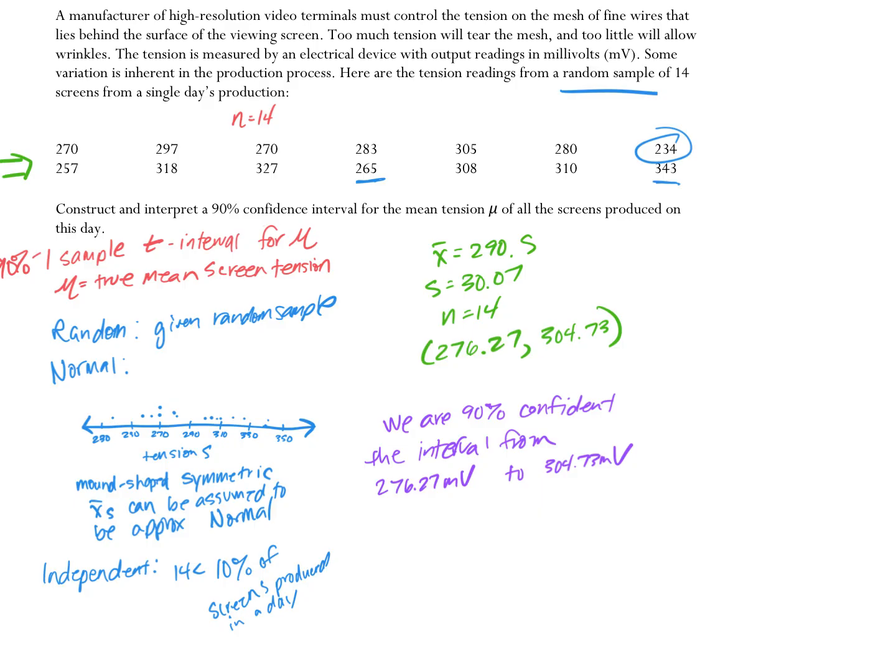Now, do I know anything about electrical currents or what a millivolt is? I don't. I promise you, I'm very dumb when it comes to electricity. But I can still steal the units from the question. And what were we trying to estimate again? The true mean screen tension.